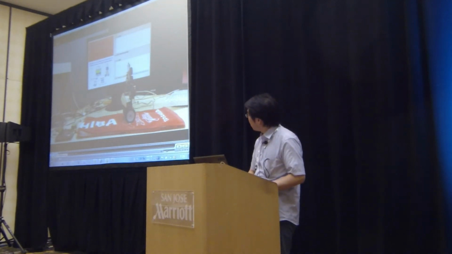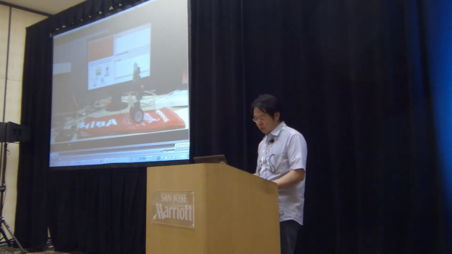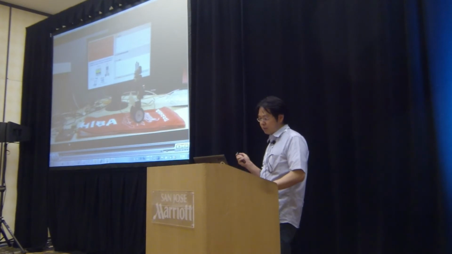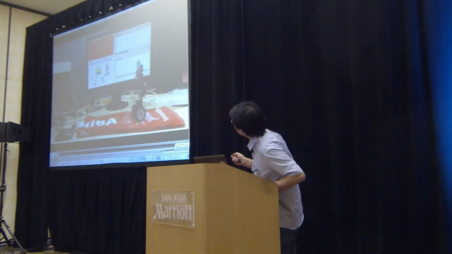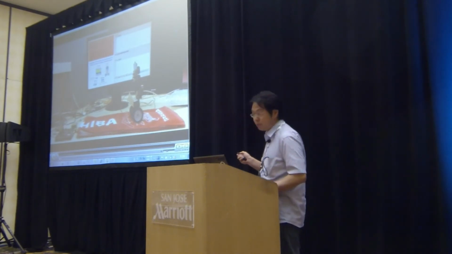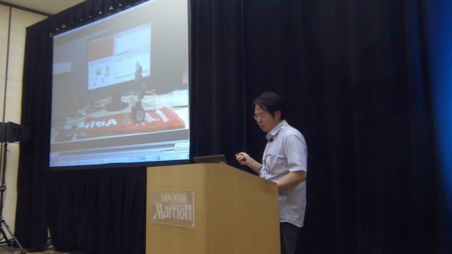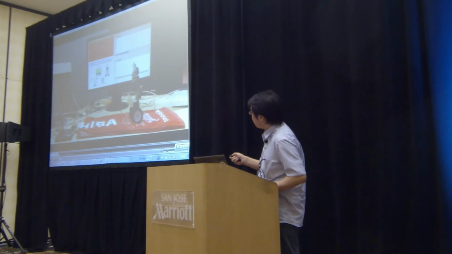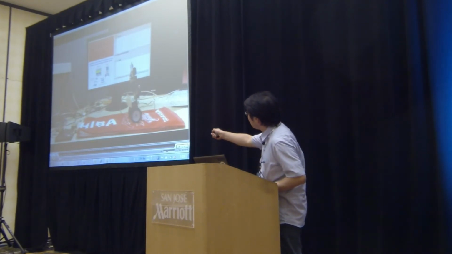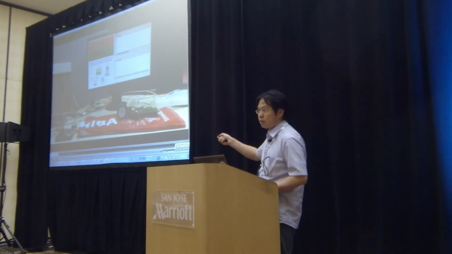Okay, this is the non-isolated one. It's a bit difficult to see this graph. This graph is the CPU workload, and currently this part is red, which means no web client access occurs.